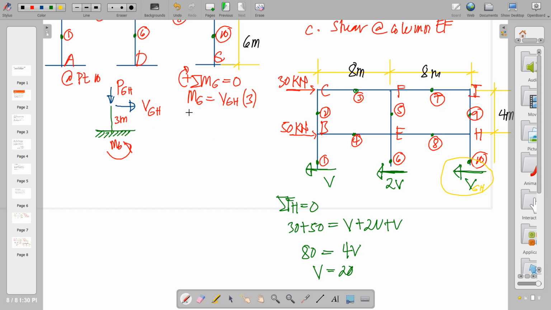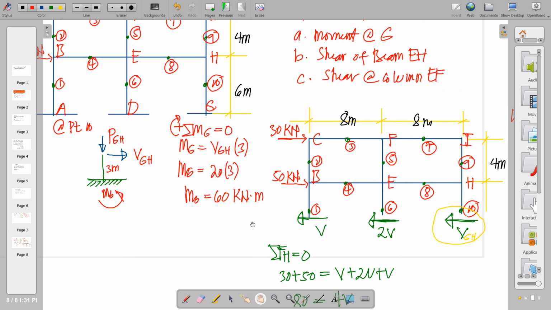So therefore, we can right away move to the moment at G, which is equal to 20 times 3, or MG is equal to 60 kilonewton meter.